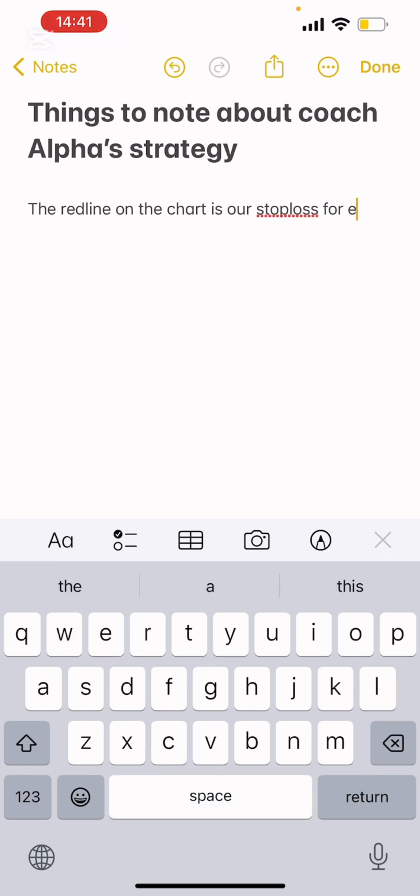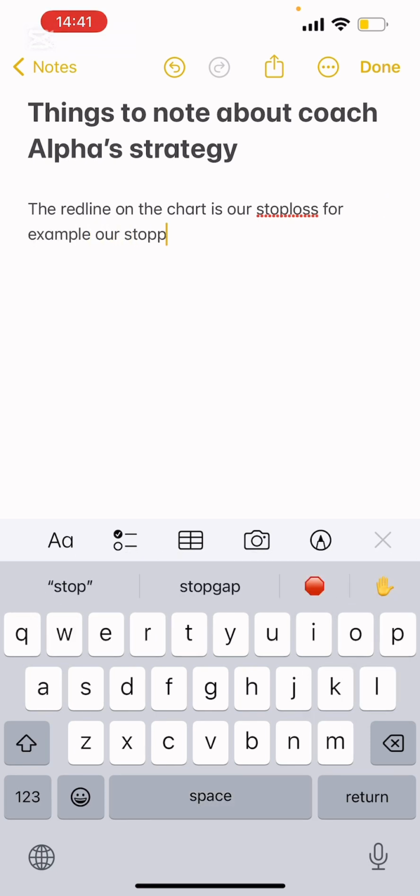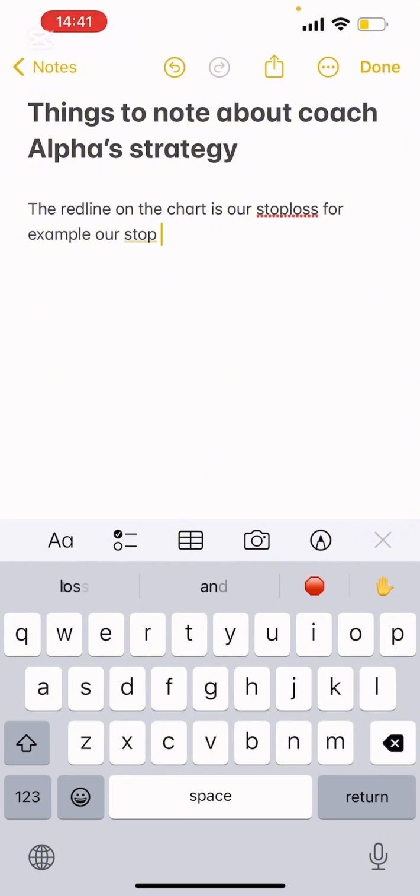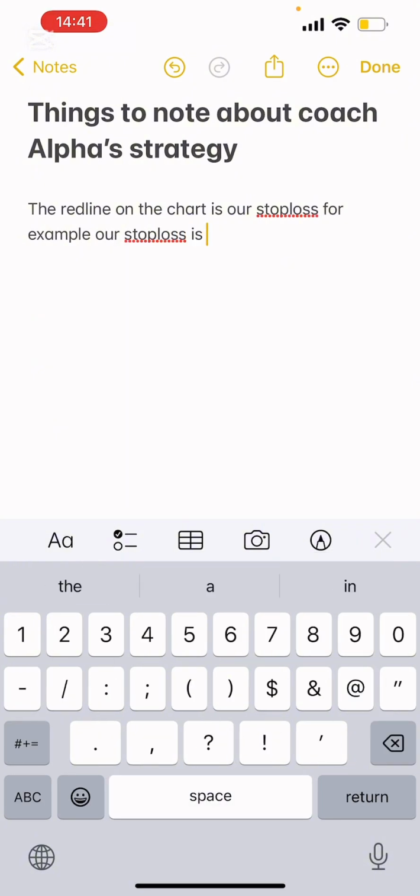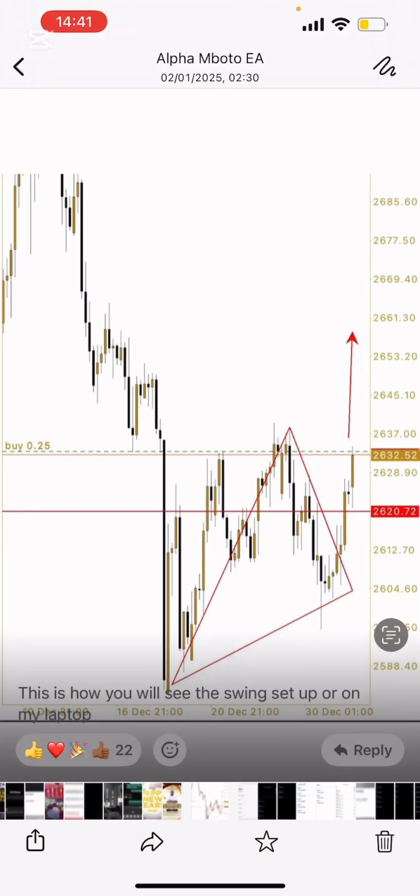For example, our stop loss is 2620.72. So anytime you see the red line once it gives you a chart, just know that the value at that red line is your stop loss.